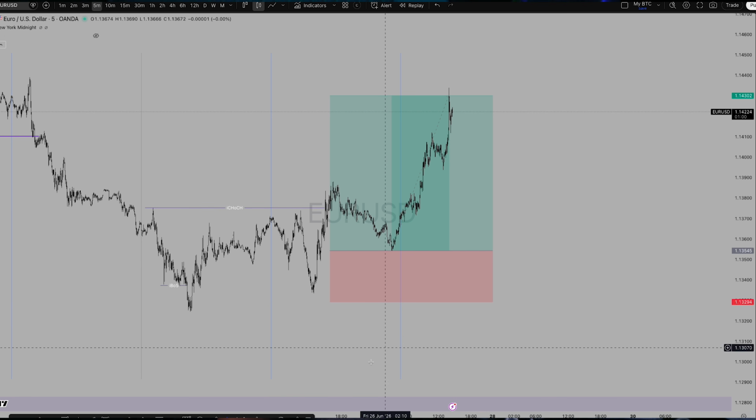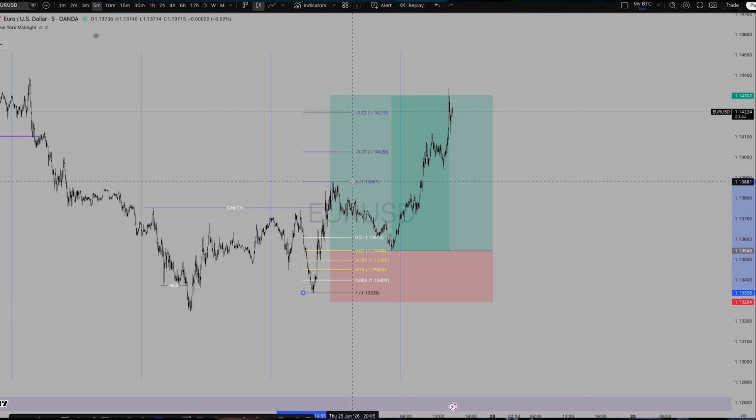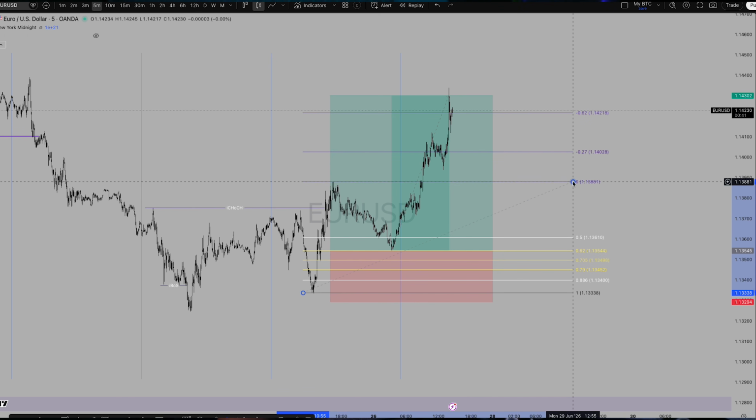From here, you will see that we did an internal break of structure and change of character. Then if you take the Fibonacci tool from the bottom here to the high here and drag it across, you see the Fibonacci zone light up, and what happened is that price just came down this way, tapped into that zone, and from there we went all the way up.